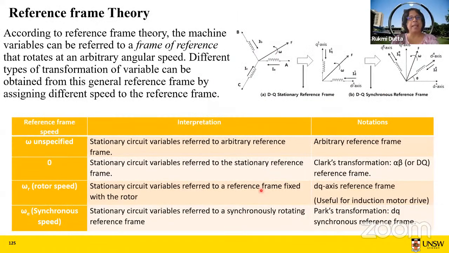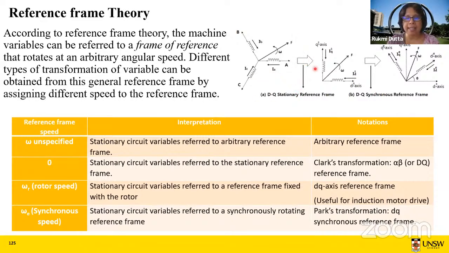So what is reference frame theory? The concept is actually not very difficult to understand. It is like you are transforming three-phase to two-phase mathematically. You know in our machine we have ABC three-phase winding.